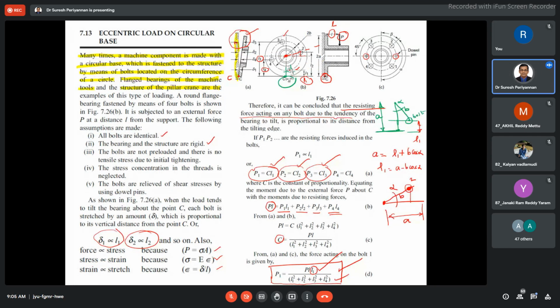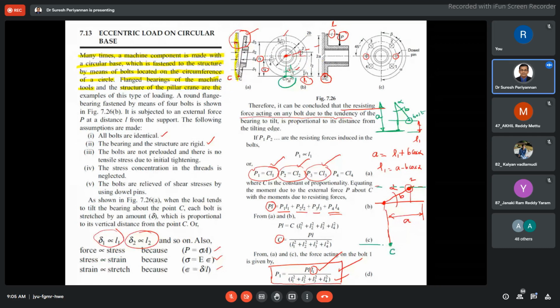Now we would like to find this distance. Sorry, one small mistake I made, but this is right. What is the vertical distance? Where is point C sitting? See, point A is also here. This is the distance we would like to find out. The point C is sitting here.